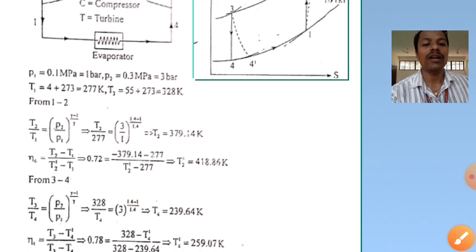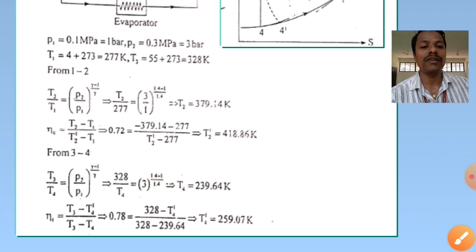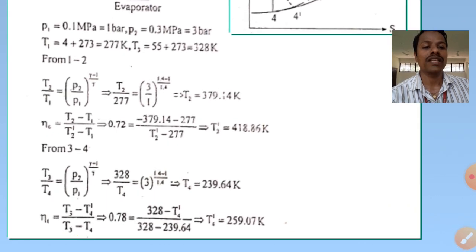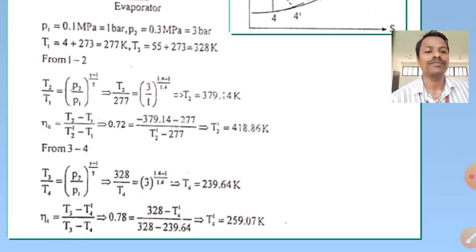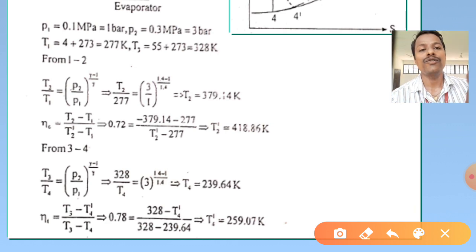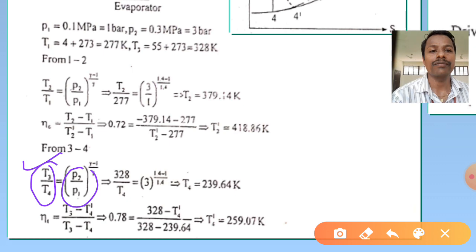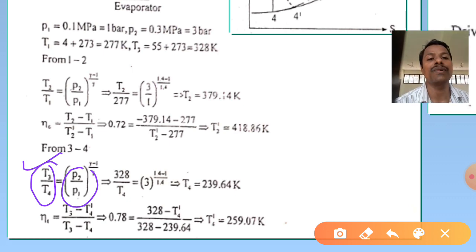From 3 to 4, again I have to find the T4 value. For finding T4 dash, I first need T4, so I will use the process 3 to 4 and apply the law T3 upon T4 is equal to P3 upon P4 bracket raised to the power gamma minus 1 divided by gamma, where P3 and P4 I will replace with P2 and P1.